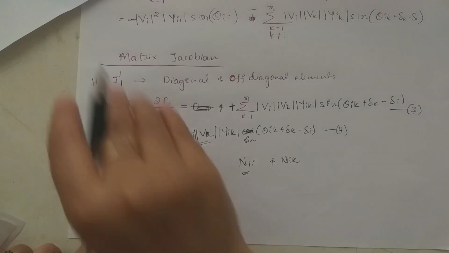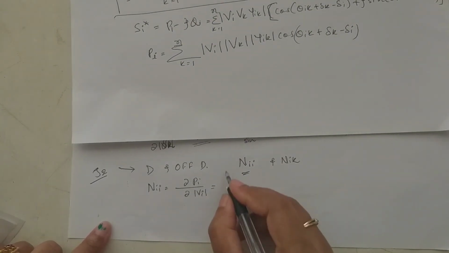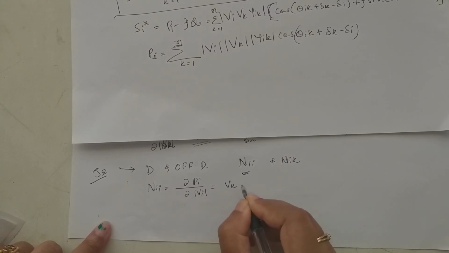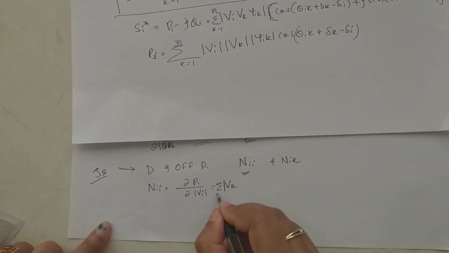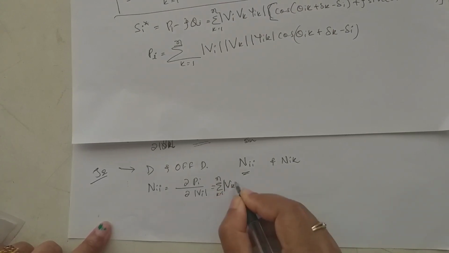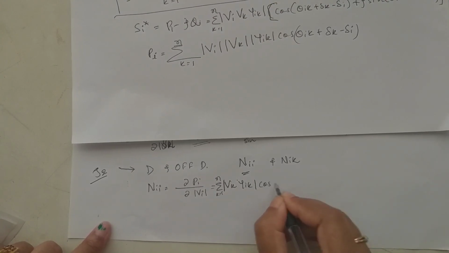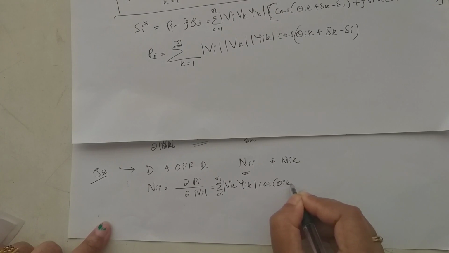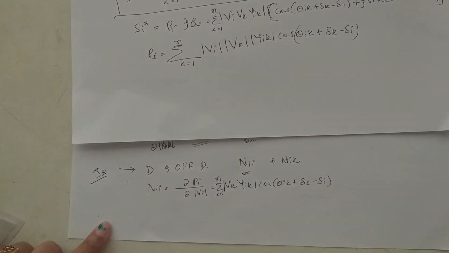When we take partial differentiation of Pi with respect to Vi, it becomes summation Vk, partial differentiation of Vi is 1, Yik cos(theta ik plus delta k minus delta i).